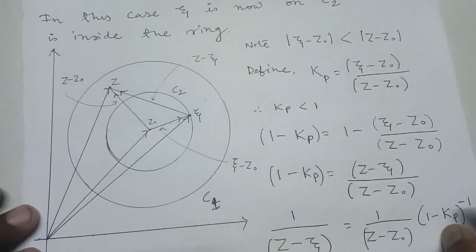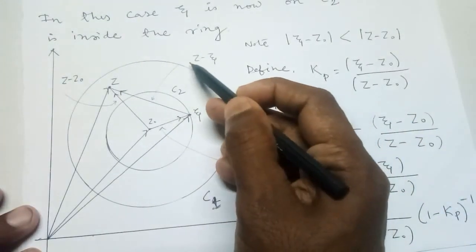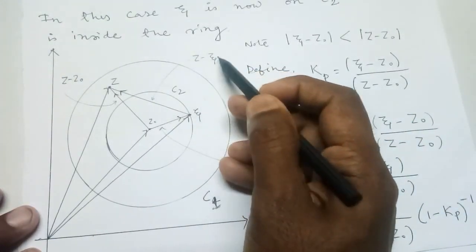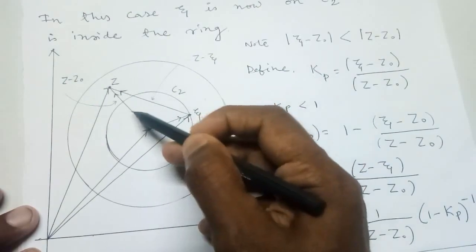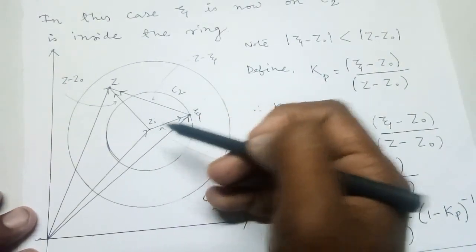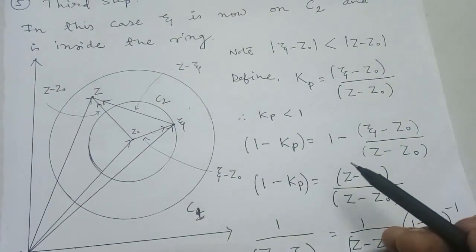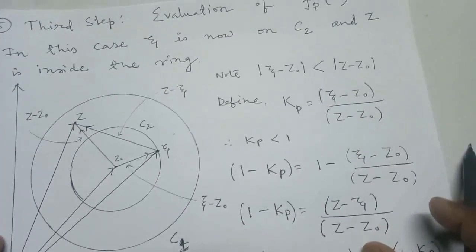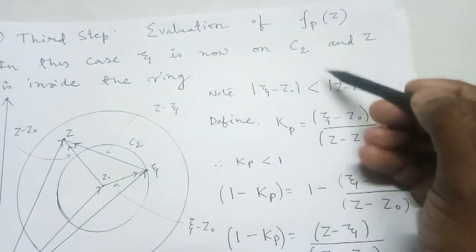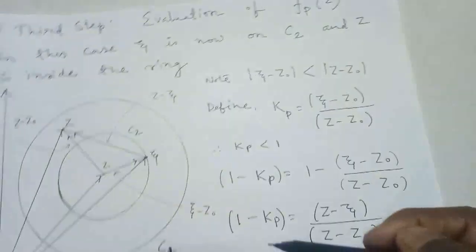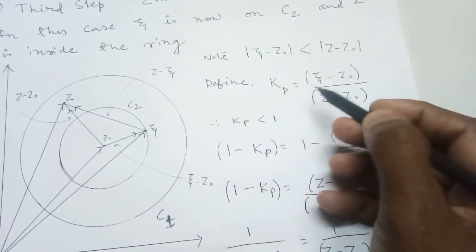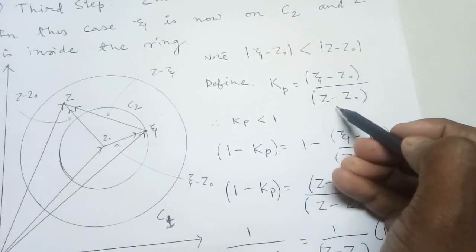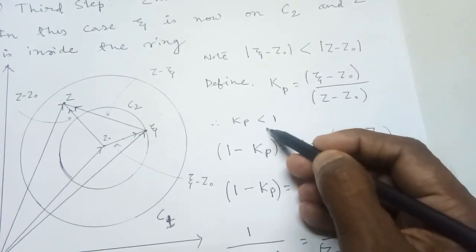The target is to develop the series expansion of 1 by z minus xi using these two lengths, the same way that we already did in the analytic part of the function. Now we are going to do it in the principal part of the function. Since this is less than this term, kp will always be less than 1.